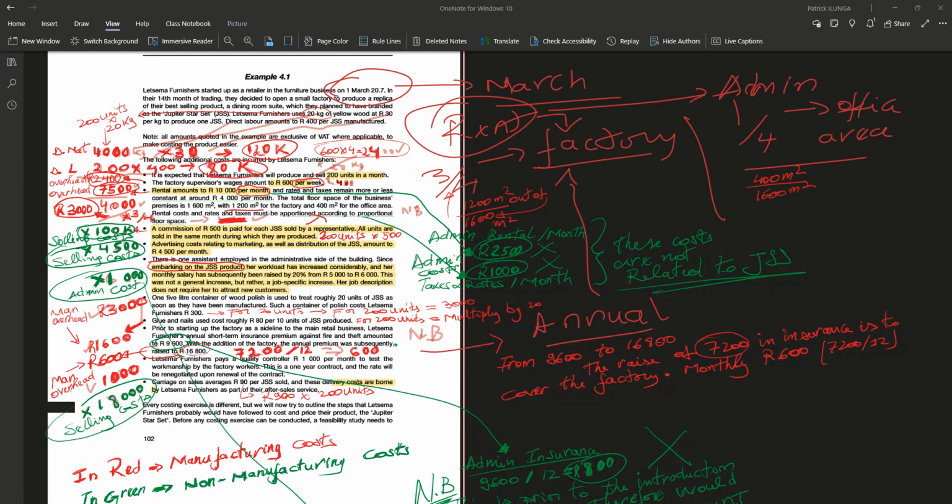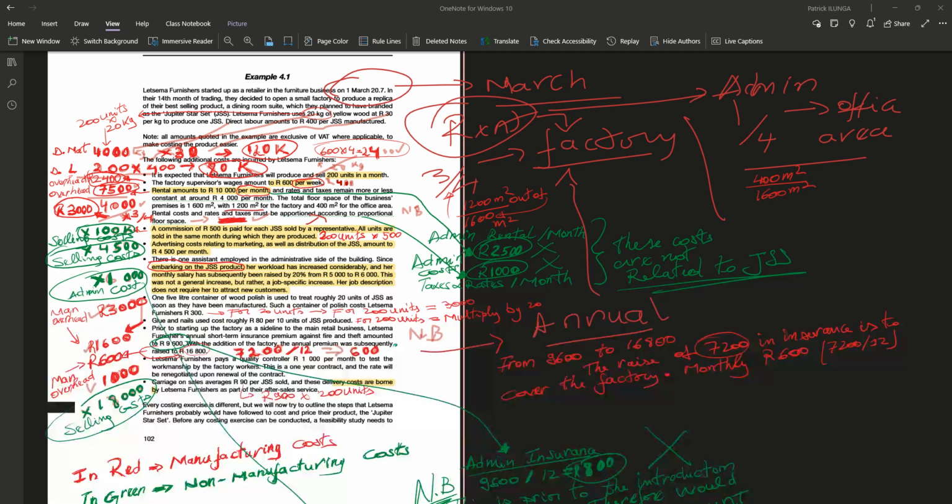Glue and nails. We know glue and nails is manufacturing, right? But it is not directly traceable to every unit of JSS, right? So therefore, we would understand that this is indirect cost, it is overhead cost, right? Glue and nails cost roughly 80 rand per 10 units of JSS produced.